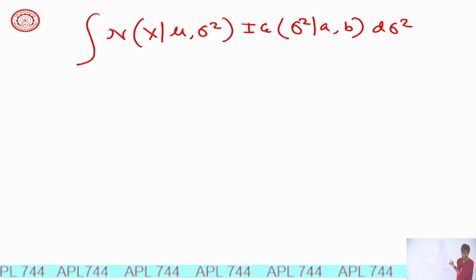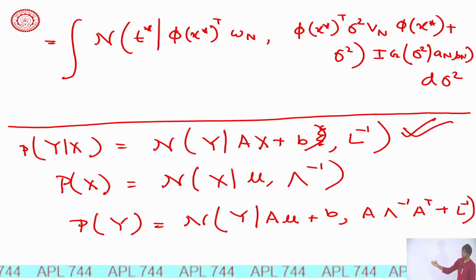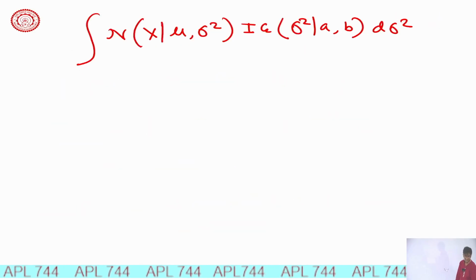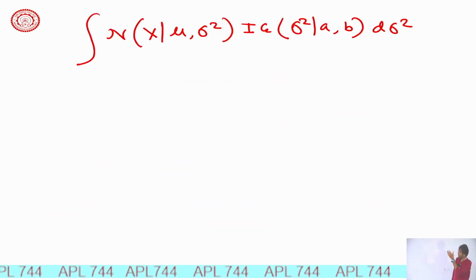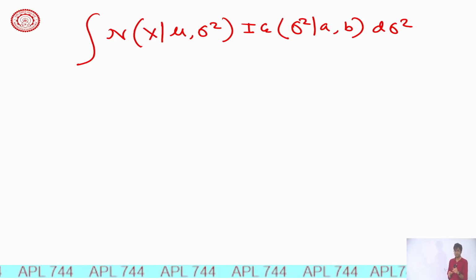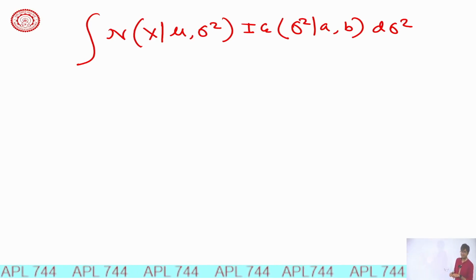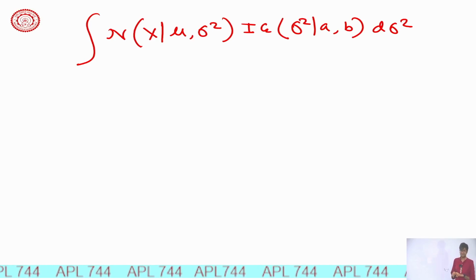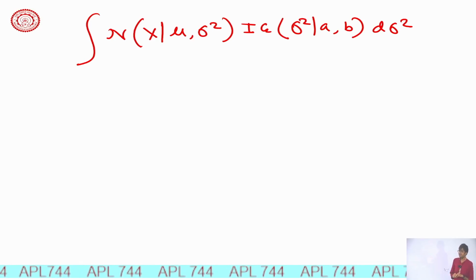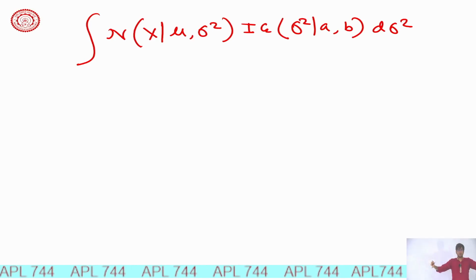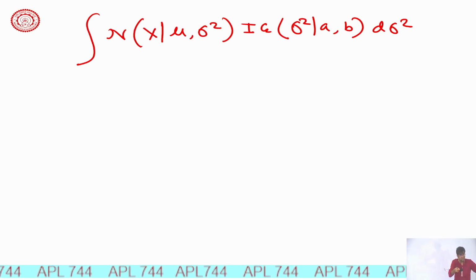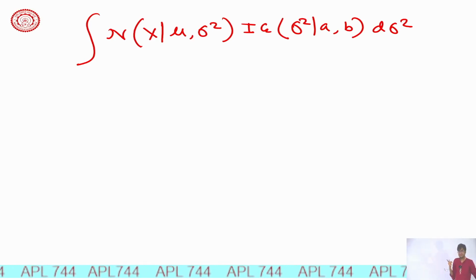This is the form you have. Are you able to relate? This is the exact form that you have here. I have just simplified it. So what will this integral be equal to? That I will not do, that's homework, but I will give you a clue. If I write it in summation form, it is like saying I have an infinite summation over Gaussians, because of the integration, where the variance of the Gaussian is coming from an inverse gamma distribution.